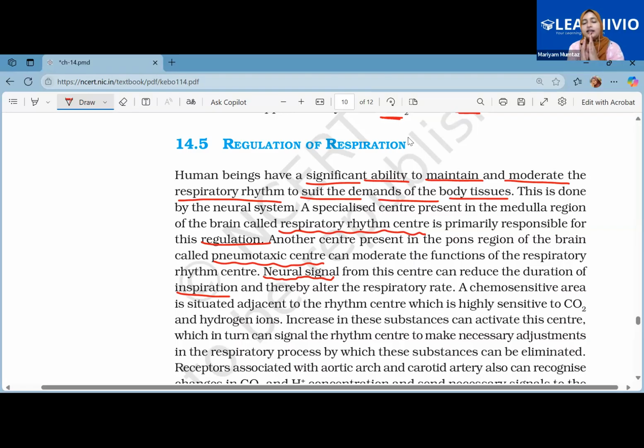So this chemosensitive area is very much sensitive to the levels of CO2. If the level of CO2 is more, this area will get activated and it will make the rhythm center increase the activity and increase the respiratory process so that the CO2 could be eliminated out and more oxygen could be taken in.